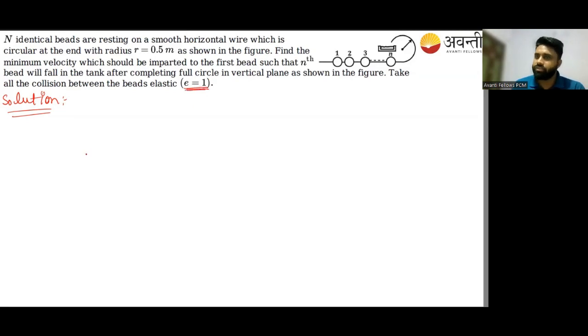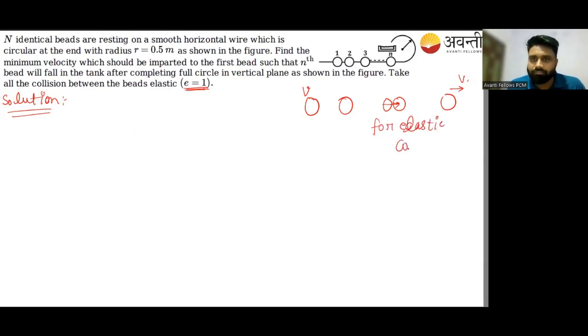So e is equal to 1, which means the velocity that I have imparted, if there are two masses, this mass has a velocity v and this system has collided, then this will also have the velocity v for an elastic collision. So for elastic collision, v final is also equal to v initial. Got it?